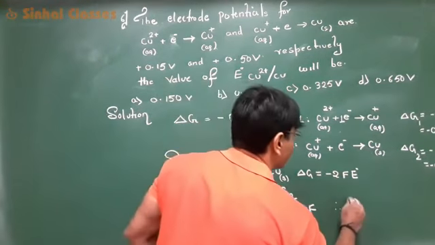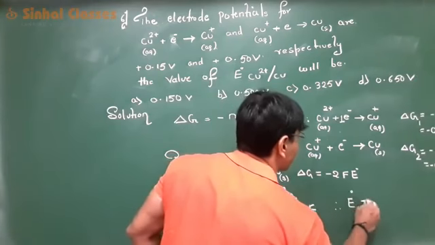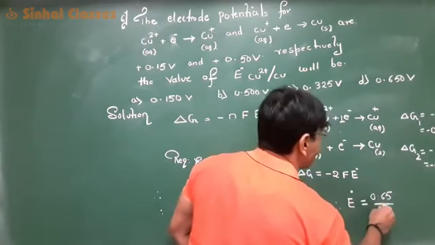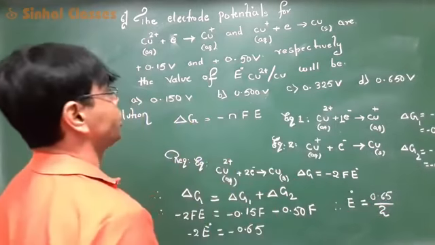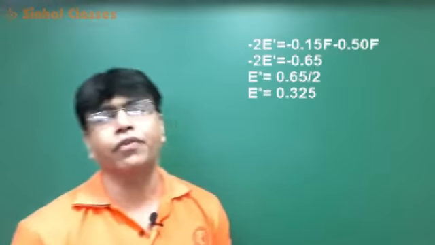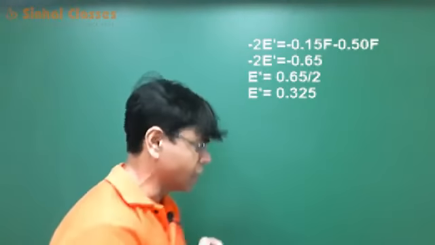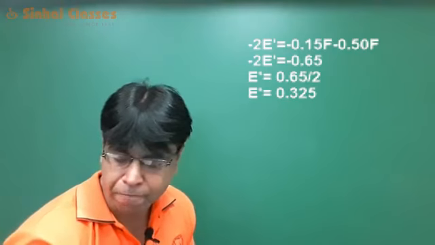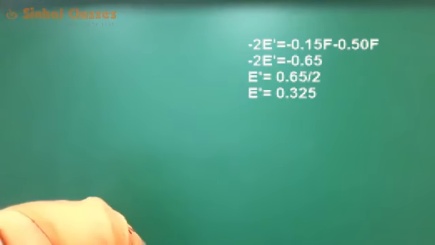Therefore, E naught will be 0.65 divided by 2. The answer for question number 6 is 0.325 volt.